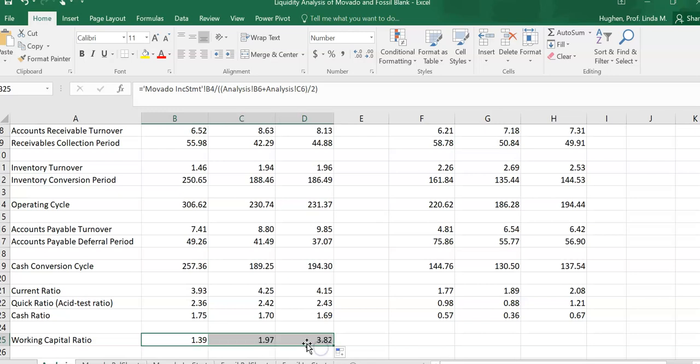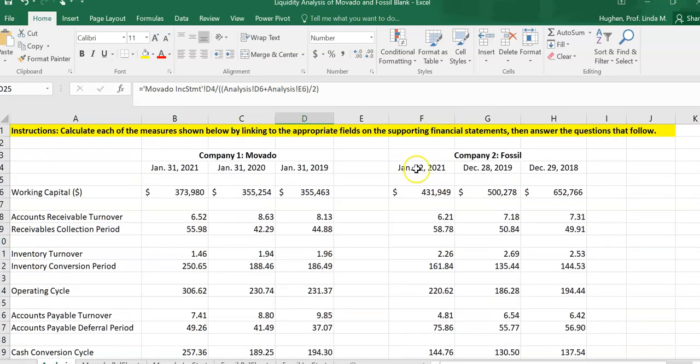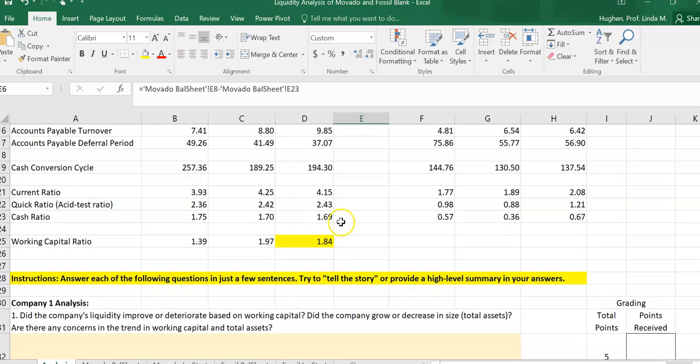I can't do average working capital. You see this number is not exactly right because it's taking the average. The income statement number is fine, but the working capital, I need to go one more year back to get the working capital so that my denominator here matches the denominator here. It's taking the proper average.